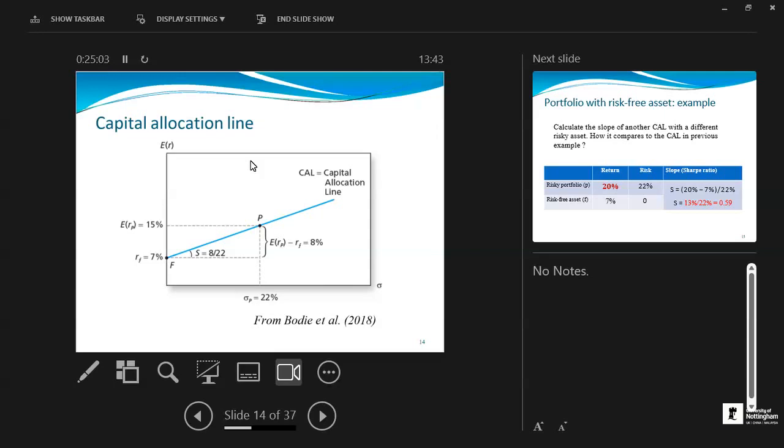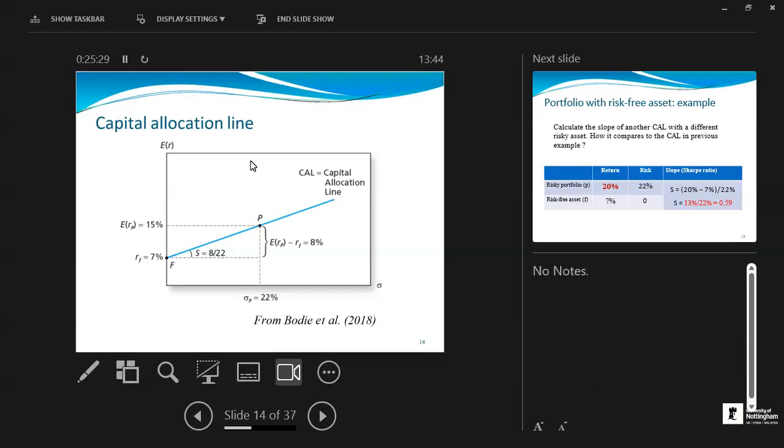Point P, so you get 13%. And the line that connects the risk-free asset with that risky portfolio shows the combination of these two assets. That would depend upon how much you're going to put in the risk-free asset and how much you're going to put in the risky portfolio.